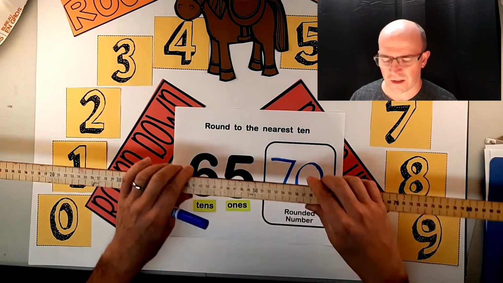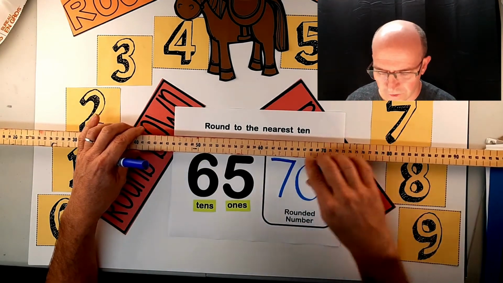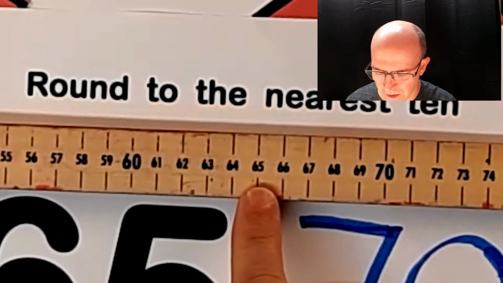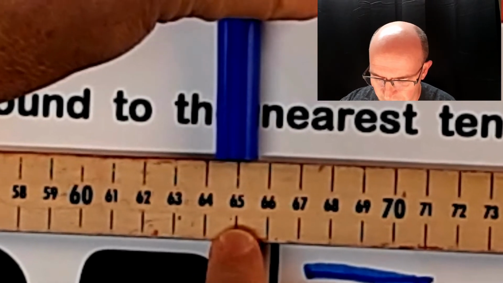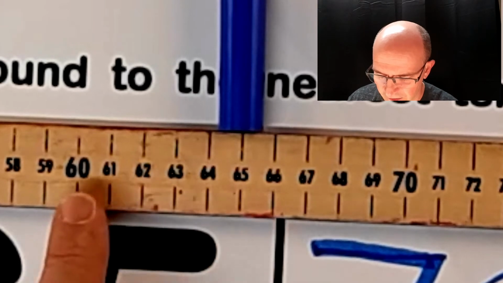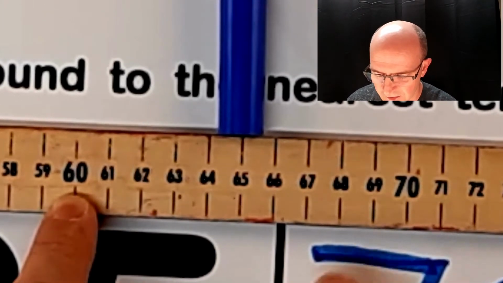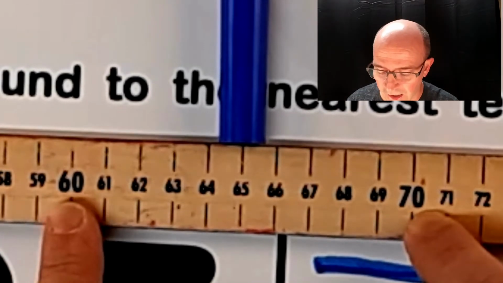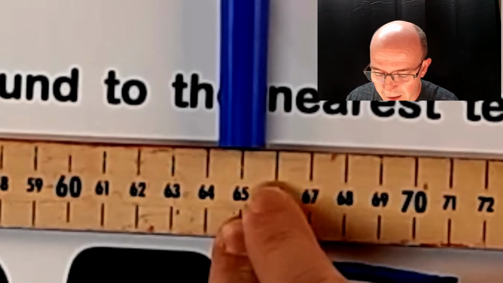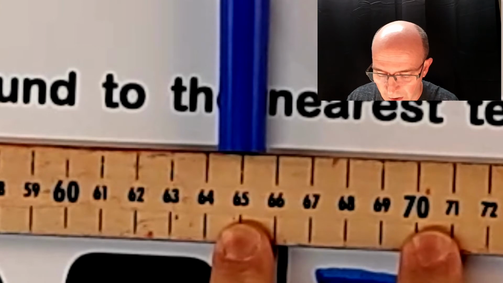Let me get my meter stick back out. Now I need to find the number 65. And if you look here, I'll point my marker tip to it again. 65 is exactly halfway between 60 and 70. And the rounding rules say that if we are exactly halfway, we always round up.